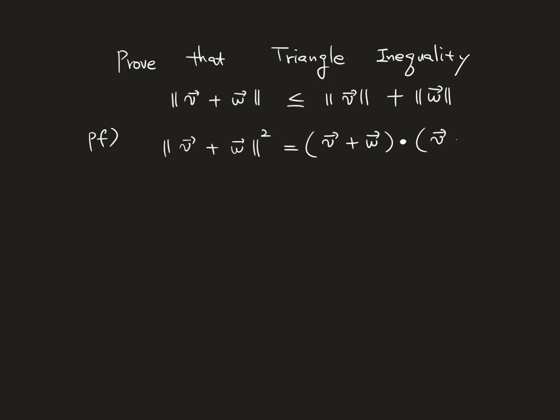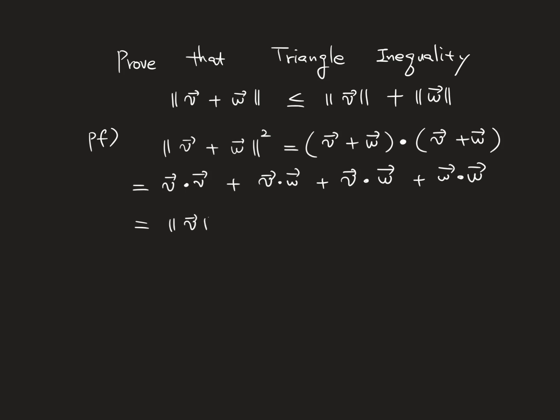And now we apply the distributive law: v dot v plus v dot w plus v dot w plus w dot w. Okay? And by definition, v dot v is equal to the norm square of v, plus 2 times v dot w, plus the w norm square.